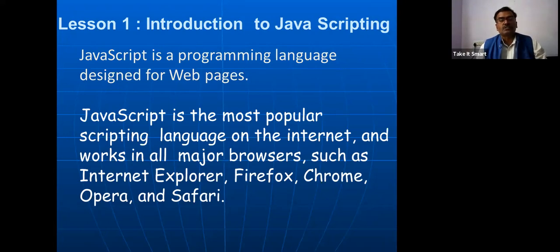So what are the browsers? You know, guys. Internet Explorer, Firefox, Chrome, Opera, Safari, these are all browsers, and JavaScript is inbuilt with the browser, and JavaScript programs will be compiled with the browser, and you can enable and disable it. These options are there with the browser.